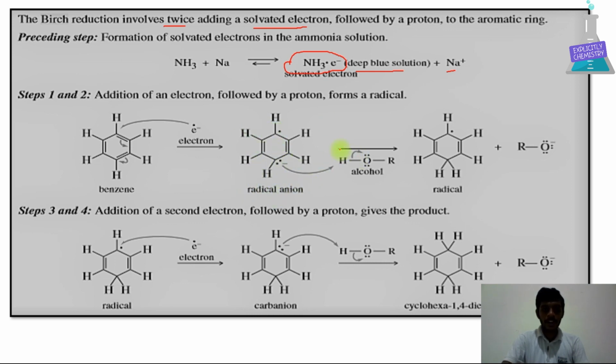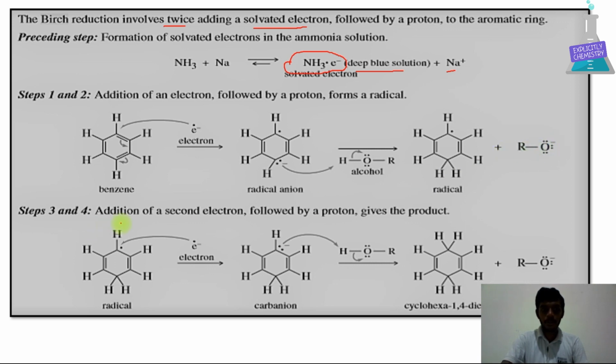After that the alcohol is added. The anion abstracts a proton, leaving behind RO minus and forming a radical.